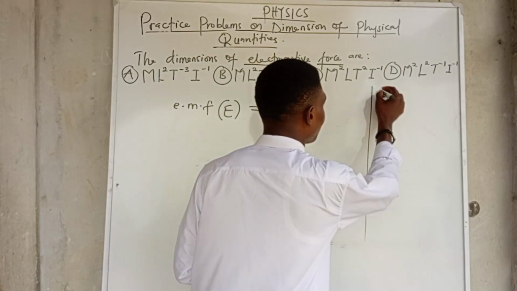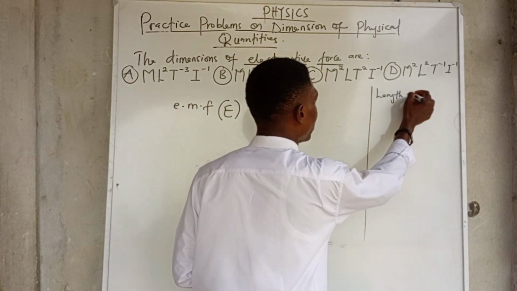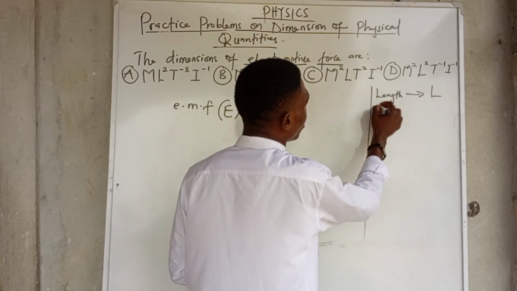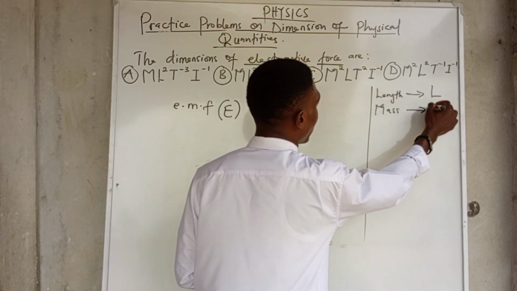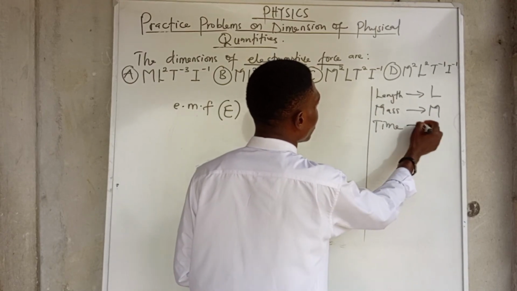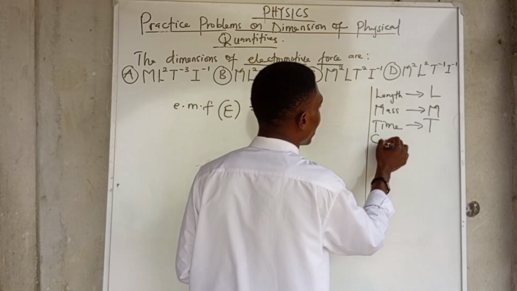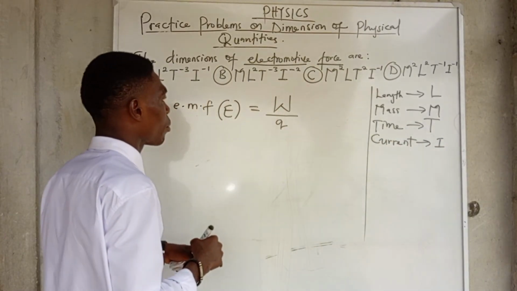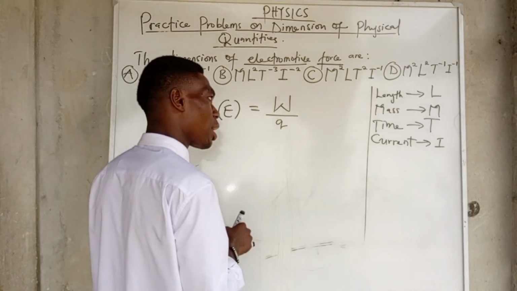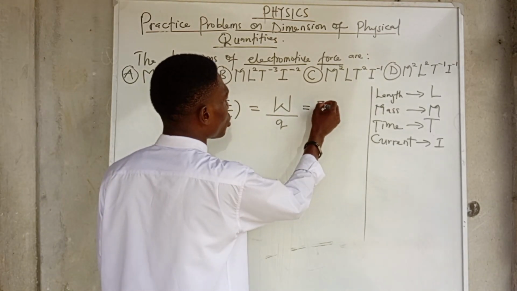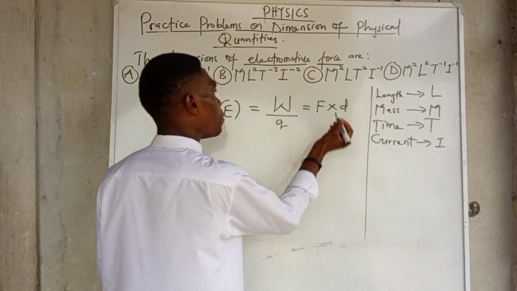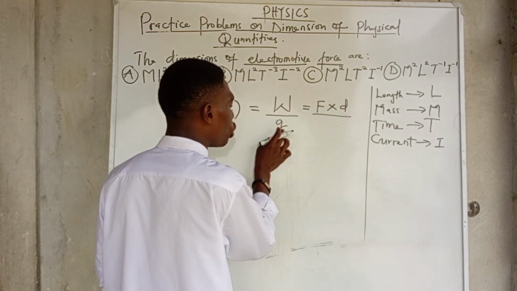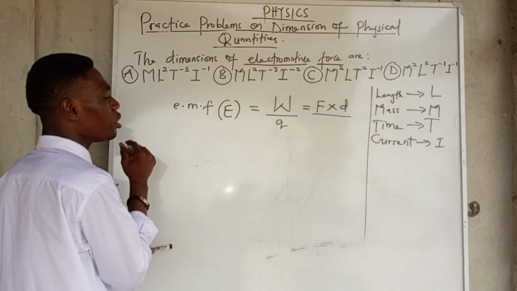Remember, I had said that length is denoted by capital letter L, mass, capital letter M, time, capital letter T, and then electric current, precisely, capital letter I. And so, what is work? You know that work is force times what? Displacement or distance. And what is charge? Q. Charge Q is quantity of charge.